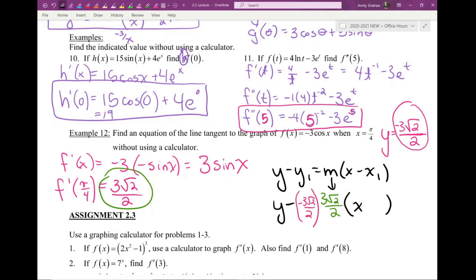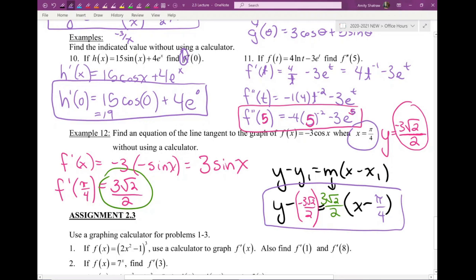And an equal sign right here. And then minus, what was x originally given to me? It was pi over 4. Don't change any. Leave it just like that. You're ready to do the homework.